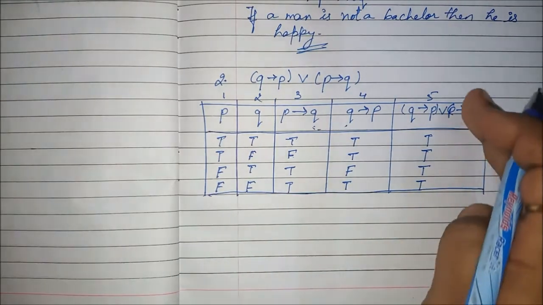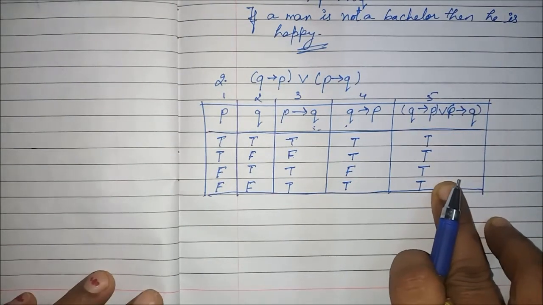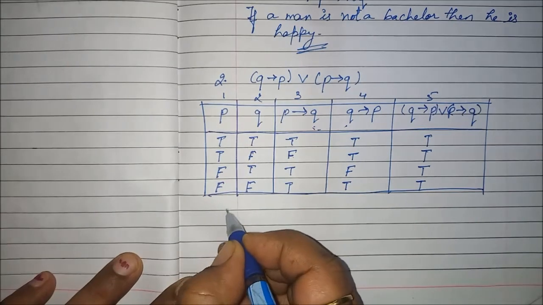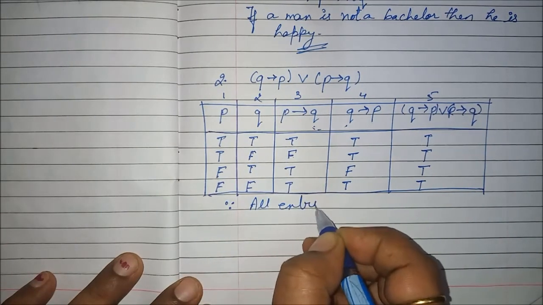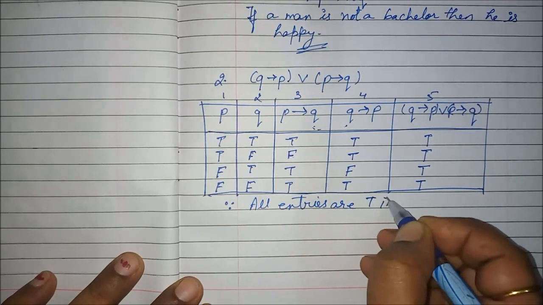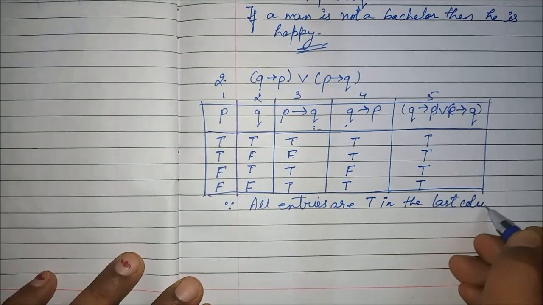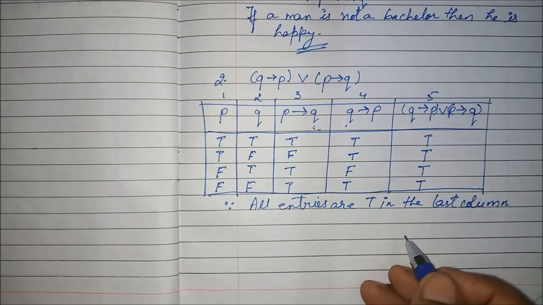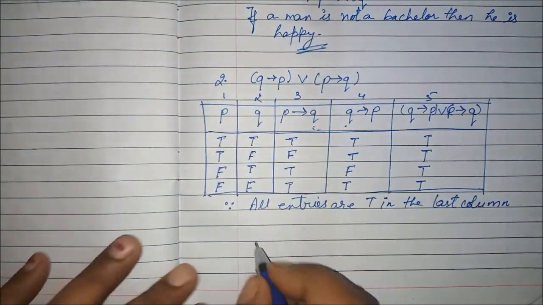Now see the column 5. All the entries are true. So we write: since all entries are true in the last column, we can say that the given statement pattern is a tautology.